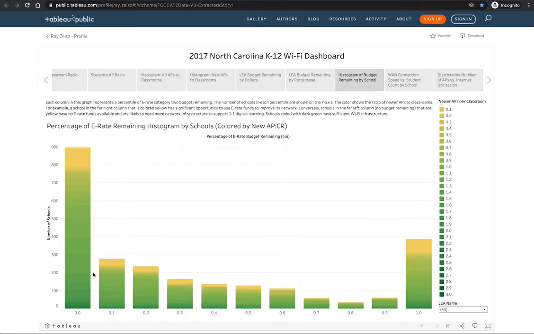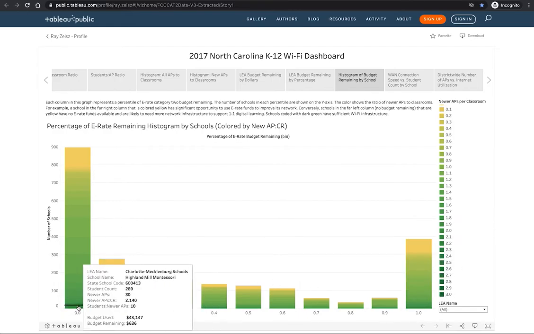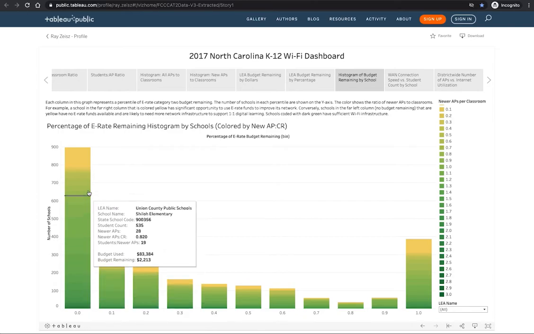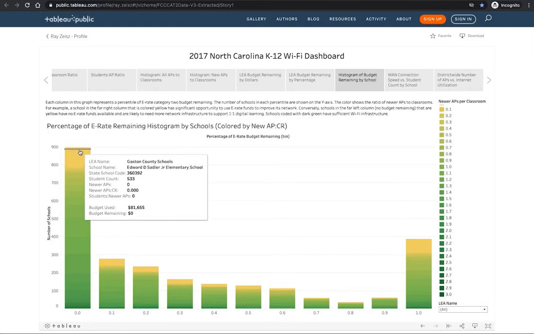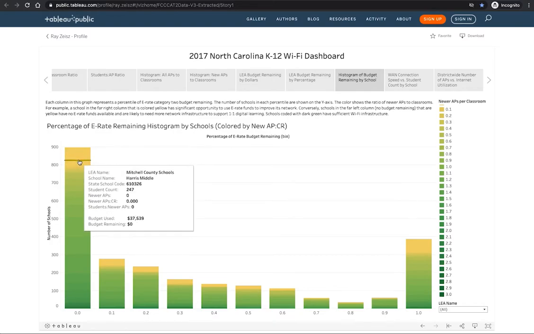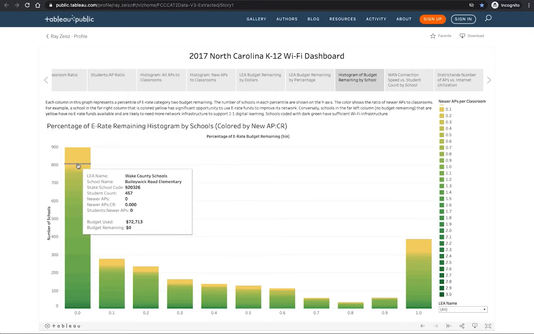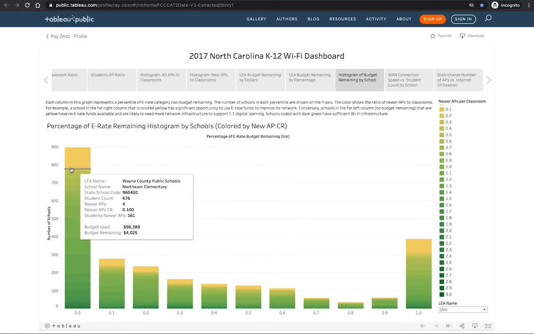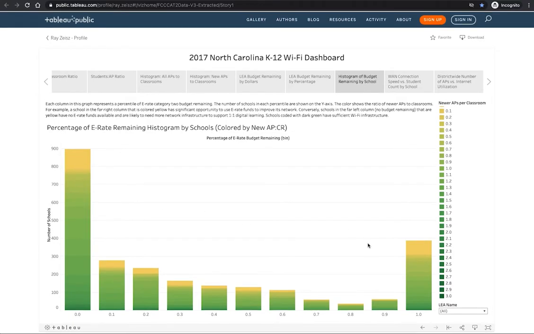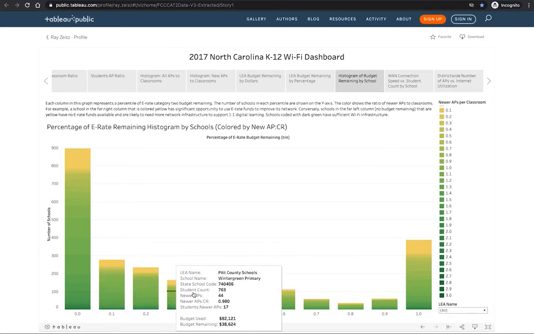So what that means is a green school over here, they used all of their money and they have a good ratio of access points to classrooms. This up here would be a little bit more concerning. That means that they have low ratio of access points to classroom, but they don't have any money left. So those probably got some scrutiny, and we tried to figure out what happened.